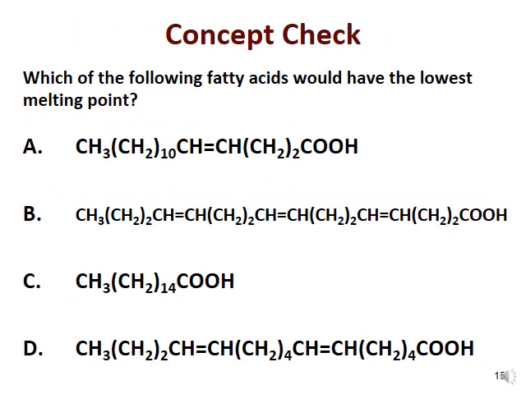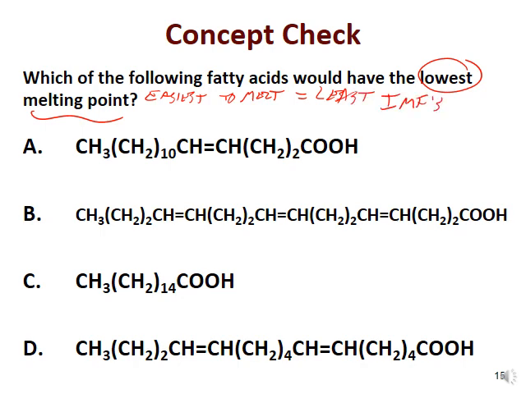Okay, so if we were going to judge lowest melting point, meaning easiest to melt, meaning the least IMFs, okay? And we've already decided that double bonds equal less IMFs.